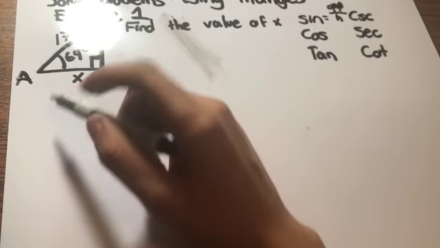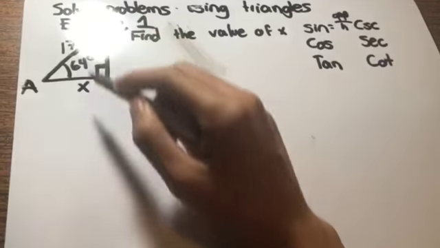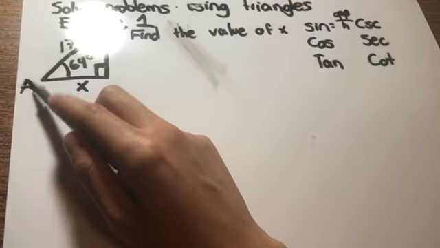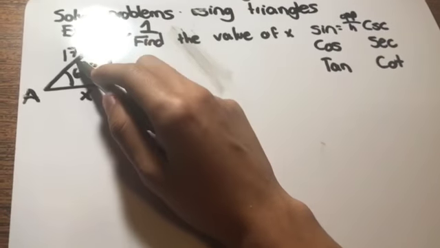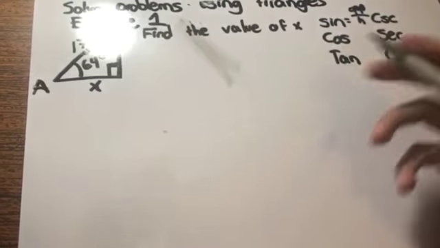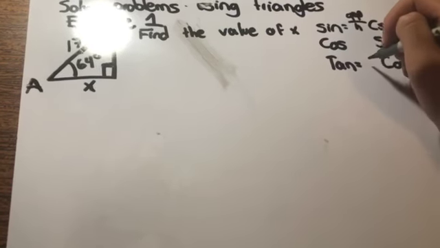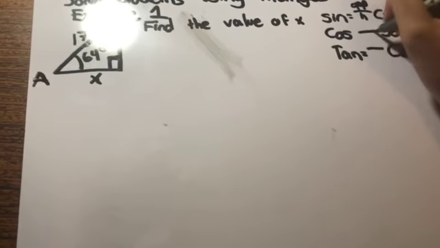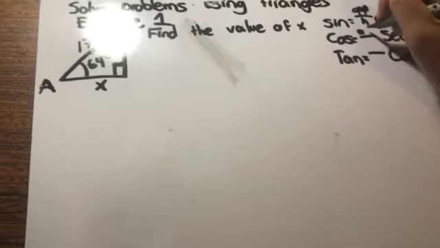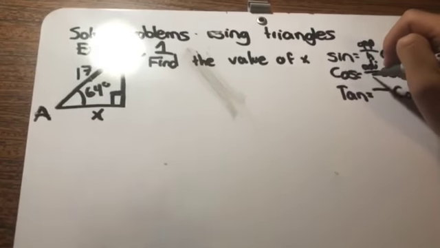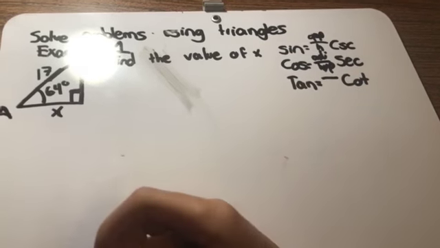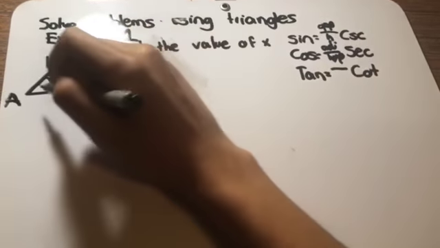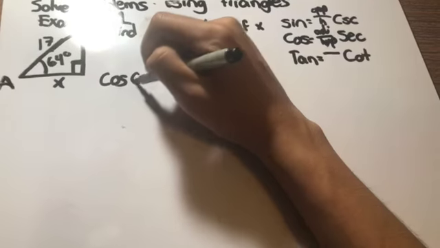So, in A, we have these two values, 17 and x. From this point of view, x is the adjacent and 17 is the hypotenuse. And as my teammates explained, cosine is adjacent divided by hypotenuse. So, we need to use cosine from this point, and we have that it's 64.